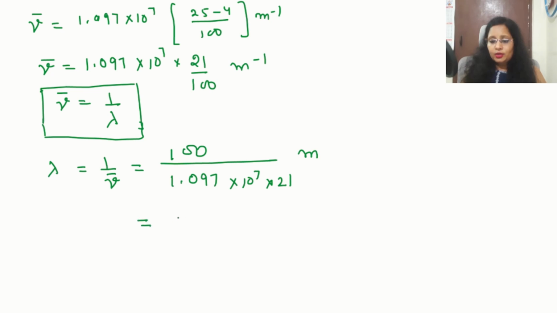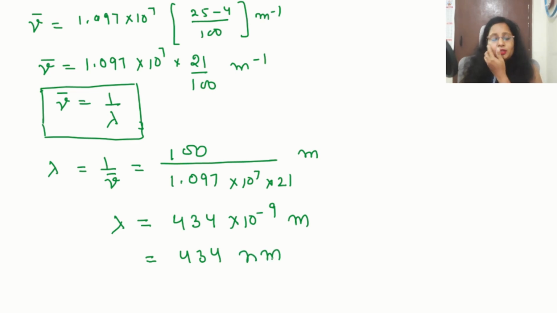After doing the calculation, we get the value 434 into 10 to the power minus 9 meter. This is the value of wavelength lambda, or we can write 434 nanometer, because 10 to the power minus 9 meter is called nanometer.